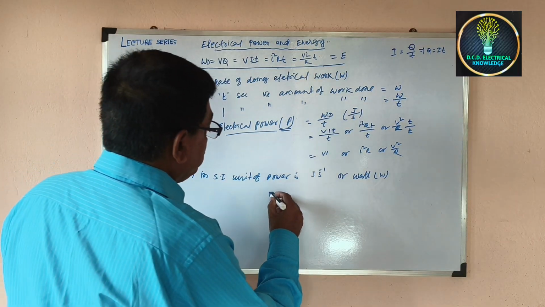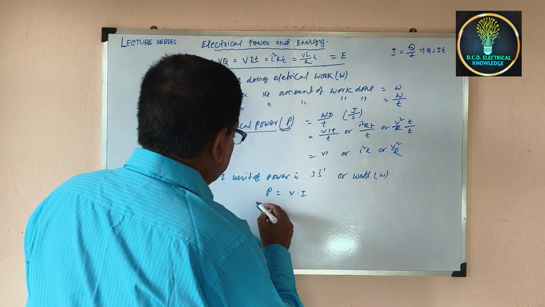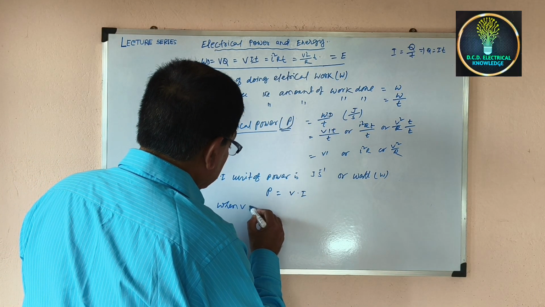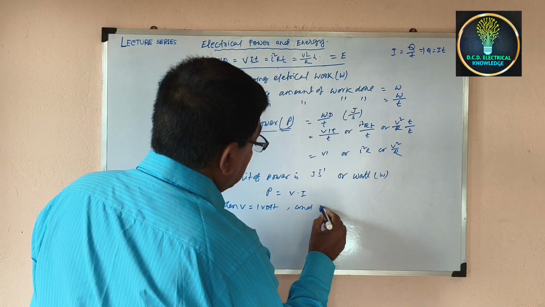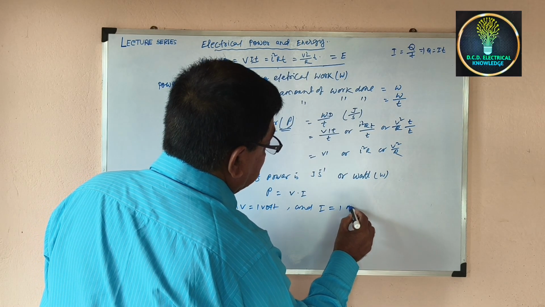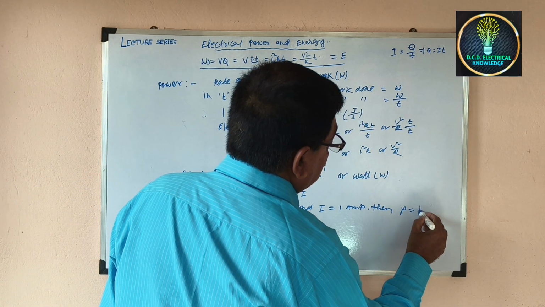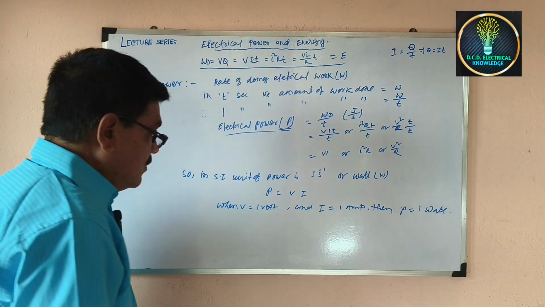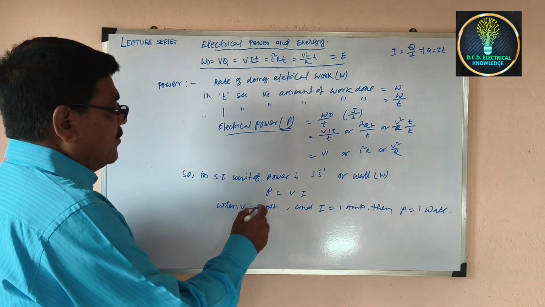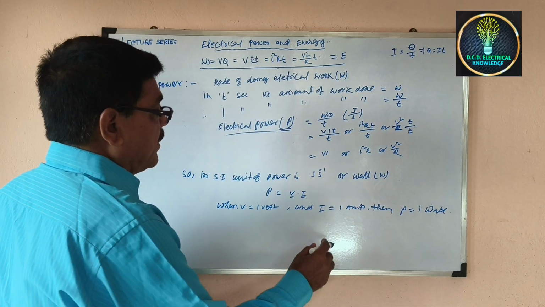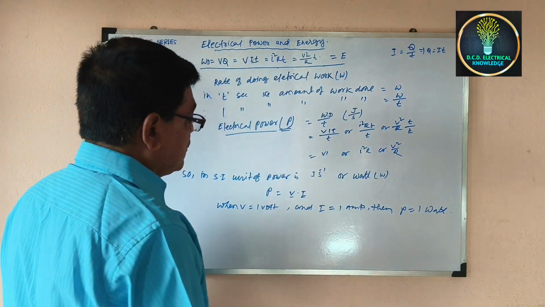So what is the definition of 1 watt? When V is equal to 1 volt and I is equal to 1 ampere is passing through a conductor, the power consumption is 1 watt.